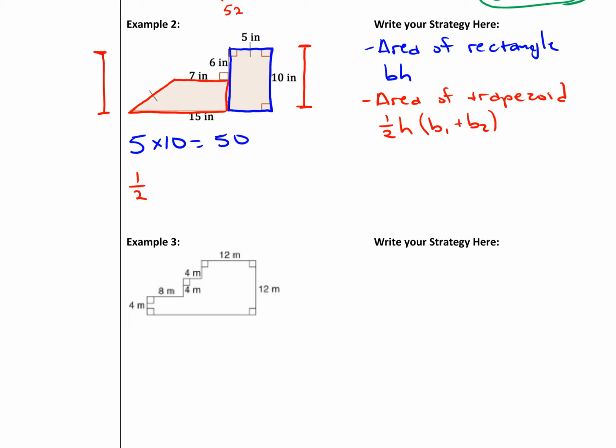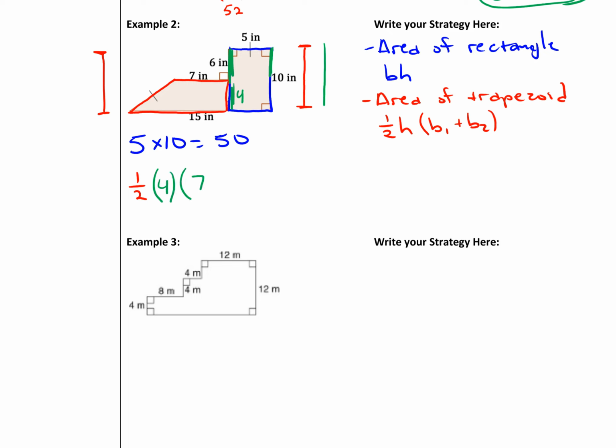Well, I know that this part right here, I will do that in green, this part right here is 6, which means this is 6. And if this entire height is 10, 10 minus 6 is 4. So this part right here is 4. So the height of that trapezoid is 4.